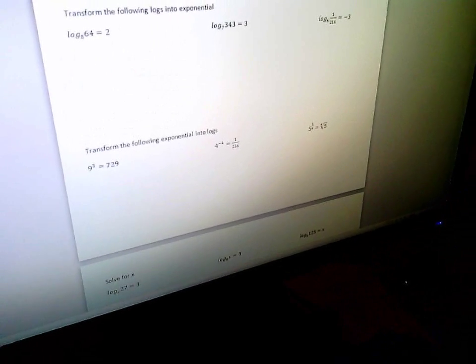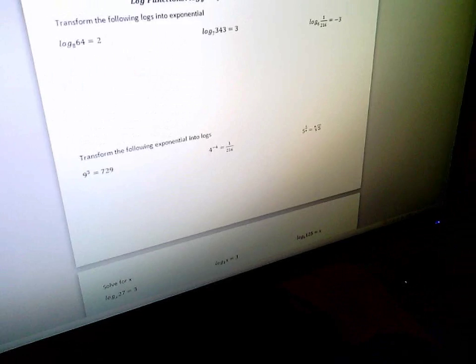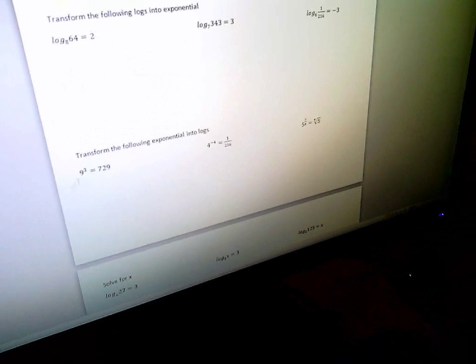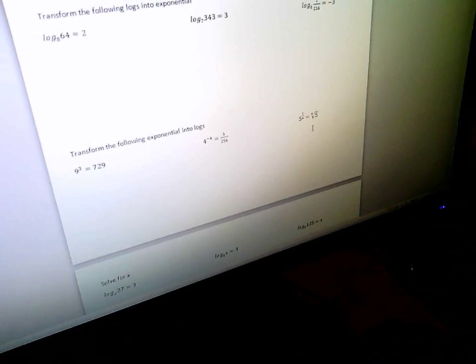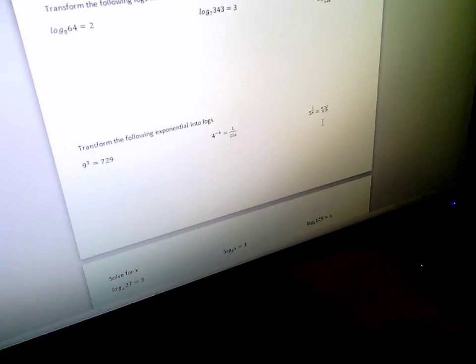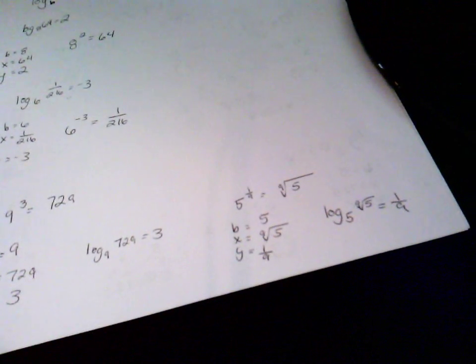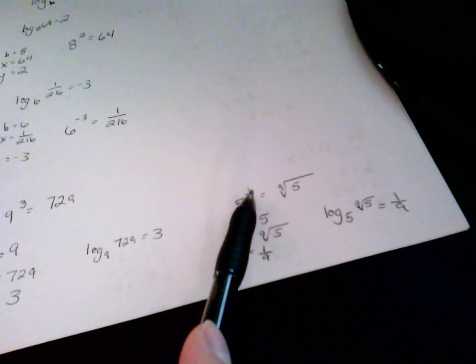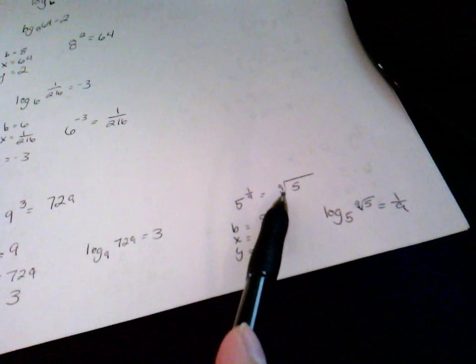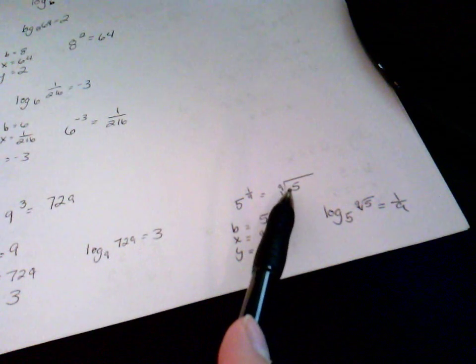I am right here with this one, and I'm going to do this one over here because it is a root. Let's go back to the root. So now what you can see is that we have 5 to the 1/9 power equals the 9th root of 5.